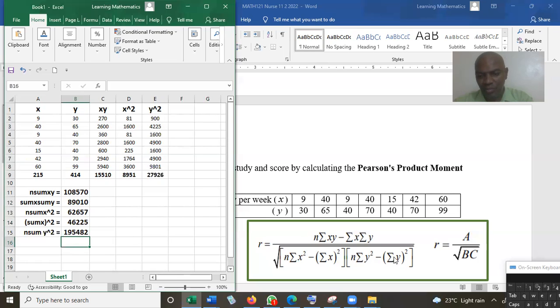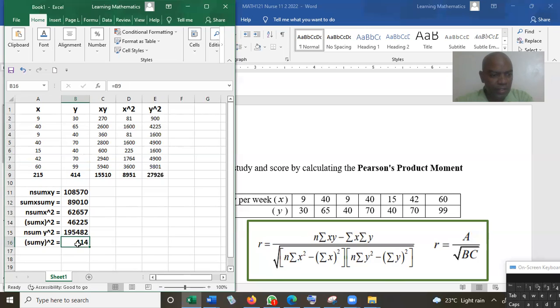And the sixth number is the sum of y all squared. Now we have found the sum of y is in B9 already. So we can type here open bracket sum of y, close bracket all squared, equal. So here we're going to tell Excel to square B9. That's where the sum of y is. Sum of y all squared.